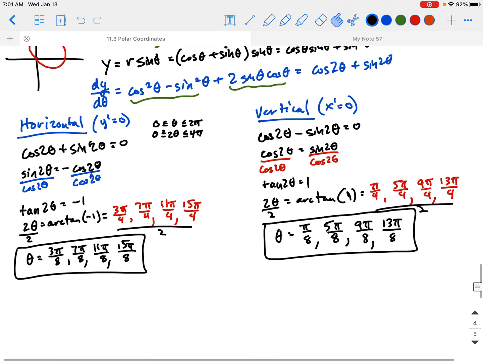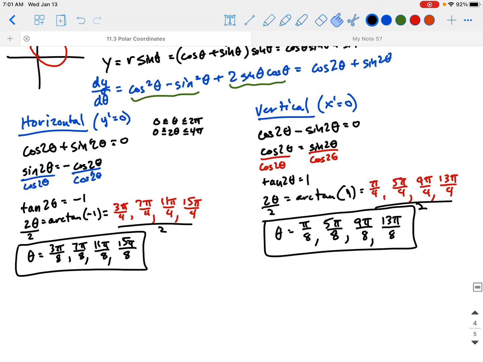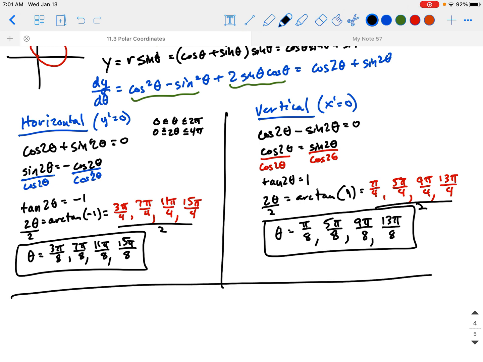So we'll check those values against each other, but we know actually arctan and tangent is negative and positive in 2 different quadrants. So these are not going to be overlapping, so we don't have to cancel any of these out. These will be all the locations where our tangent line to the curve will either be horizontal or vertical.